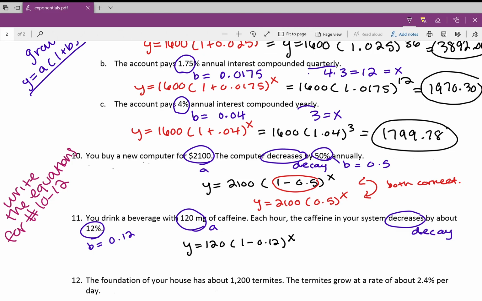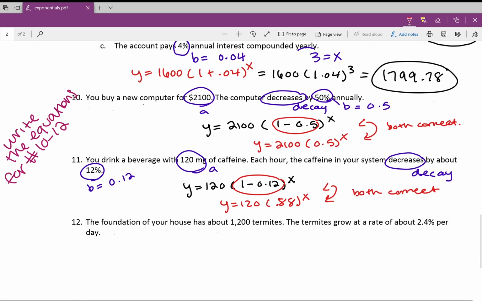Or if you combined this middle part here, you would have got y is equal to 120, parentheses 0.88 to the power of x. These are both correct.